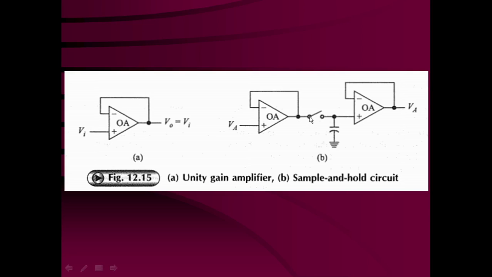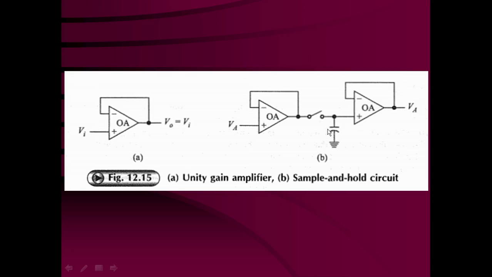Now, when the switch is closed, this output voltage is charging the capacitor. The capacitor charges very fast because the output impedance of the op-amp is ideally almost 0, but at least very low. Then when the switch is opened, it will hold this voltage across the plates of the capacitor. The capacitor remains charged because the input impedance of the second op-amp is infinite, so it will not be discharged easily.